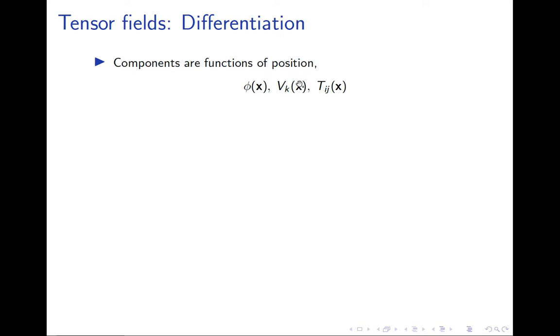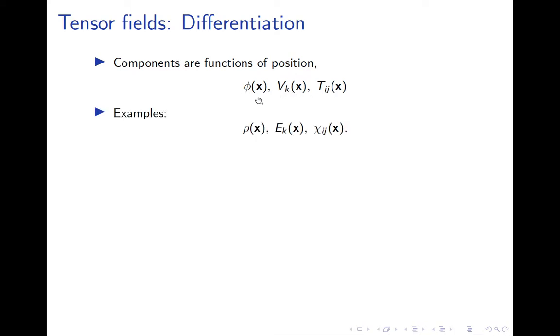At each location in space there is a vector sitting there, a small arrow you can imagine, then you have what is called a vector field. And you can generalize this. At each location, if there is a tensor, in this case a rank 2 tensor sitting there, then you have a rank 2 tensor field, okay? So as you change the location, the tensor or the vector or the scalar will change.